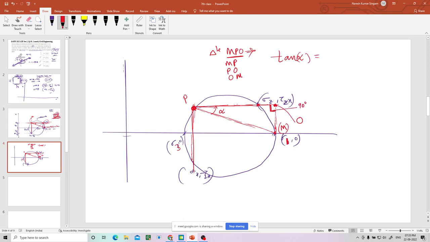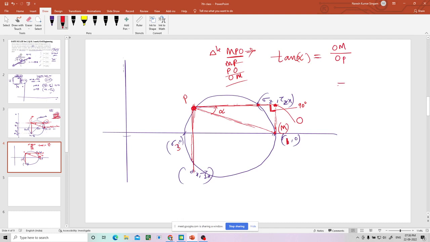Can someone of you tell what is tan alpha in terms of these sides? OM by OP.